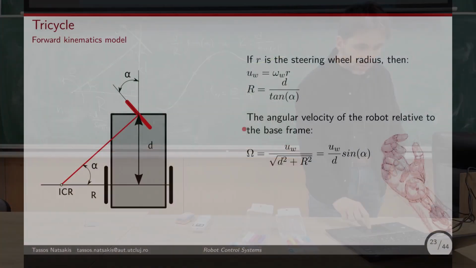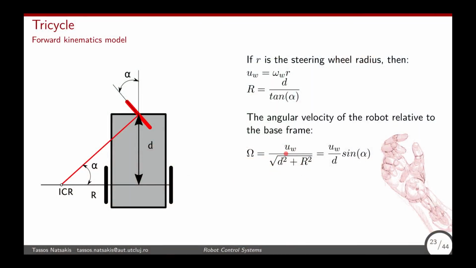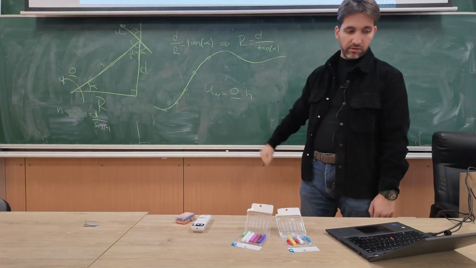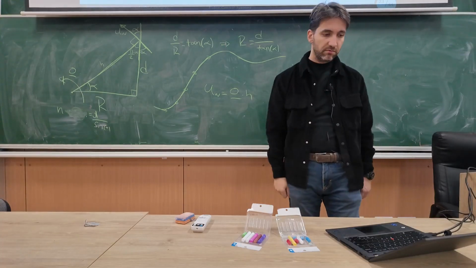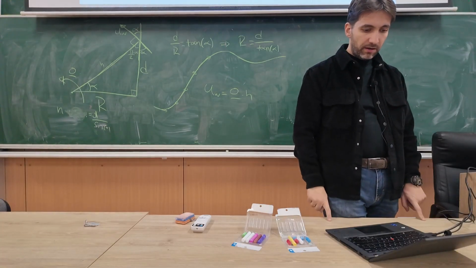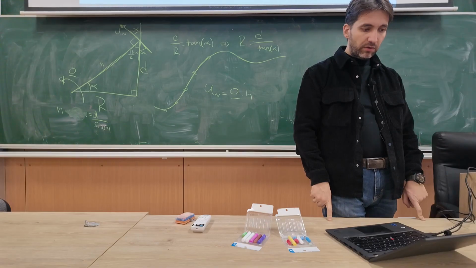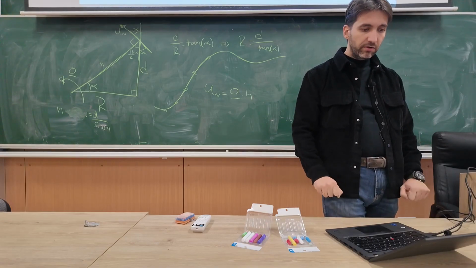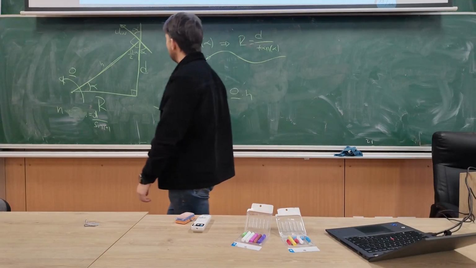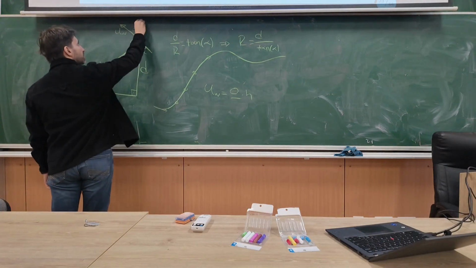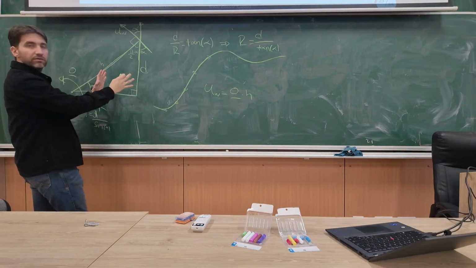Or what I did here is also Pythagoras, basically. It's another way. So r squared plus d squared, square root, and I have this hypotenuse. Okay. And what will be the linear velocity of the robot? The linear velocity will be basically in the frame of the robot, right?